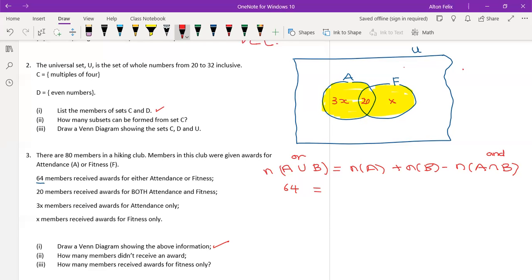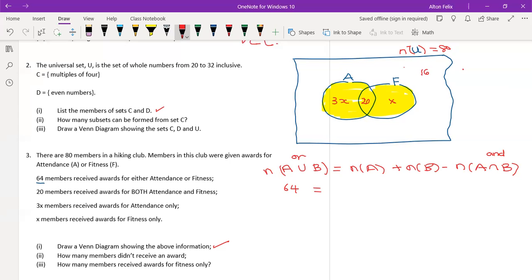So as I stated earlier, if there are 80 members in this set, the number of members in your universal set, if the total number here is 80, and the total amount accounted for in that yellow portion is 64, then 80 minus 64 will be 16 members did not receive awards. Now, what is the implication of that? It means that the 16 must be placed outside as shown on the Venn diagram.